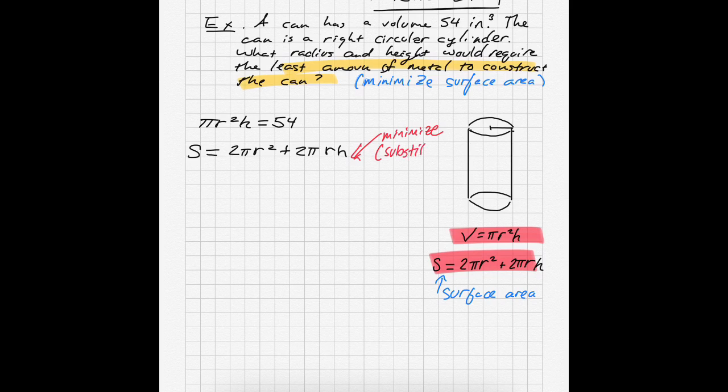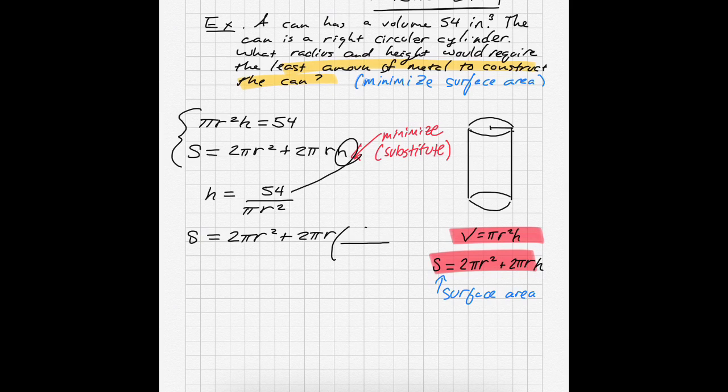But again, I have two variables. So same story. Substitute. Let me solve the first equation for h. So h is 54 over pi r squared. And then I'll substitute that in here. So I'm going to have 2 pi r squared plus 2 pi r, and then my h is 54 over pi r squared.